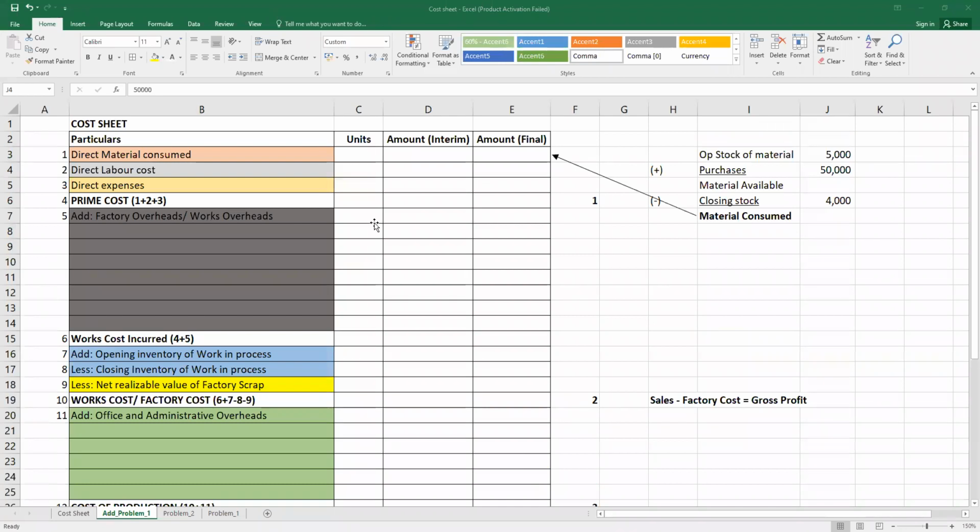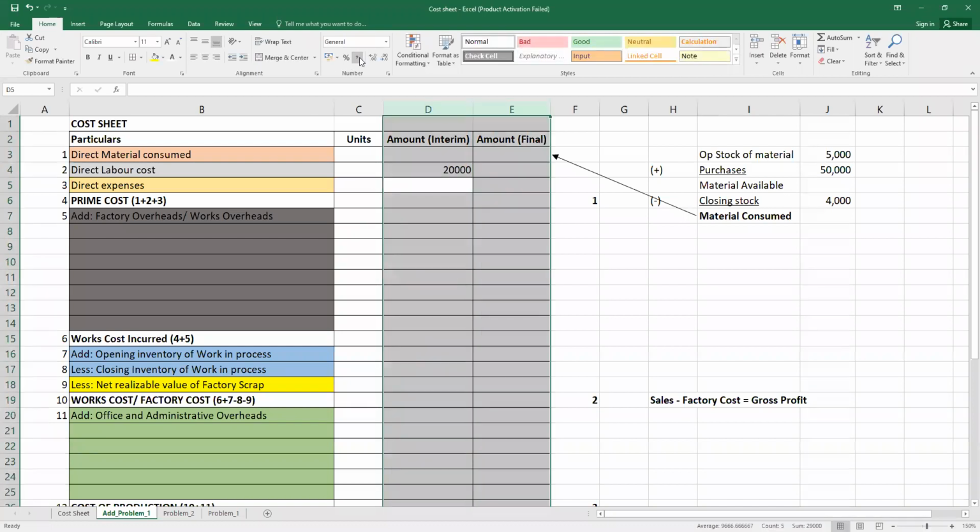The next one is wages paid to the laborers. चलिए बताइए कॉस्ट शीट में मैं कहाँ पे लिखूं? Wages paid to the laborers. डायरेक्ट लेबर कॉस्ट Exactly 20,000. इनर कॉलम में हम लिखेंगे 20,000.